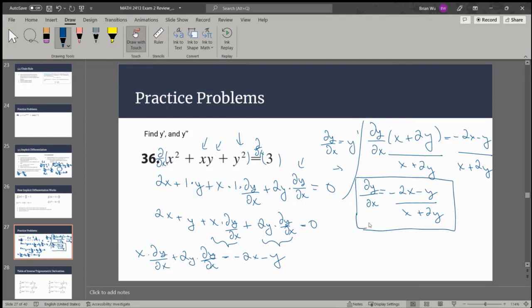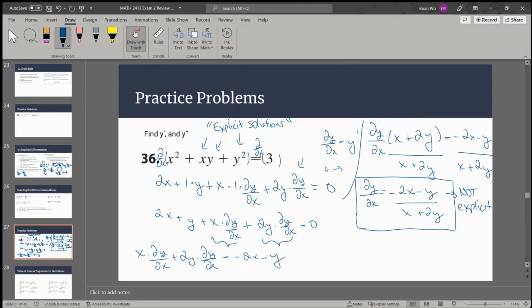And note that sometimes, I don't know if it's going to be on your test, but if your question ever asks for explicit solutions, that generally means that they're looking for your derivative only in terms of x. So in this case, this would not be an explicit solution, because in our derivative we have an expression of y.